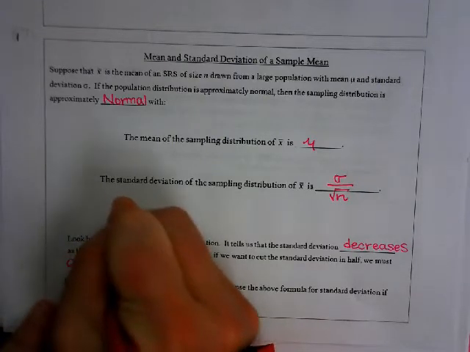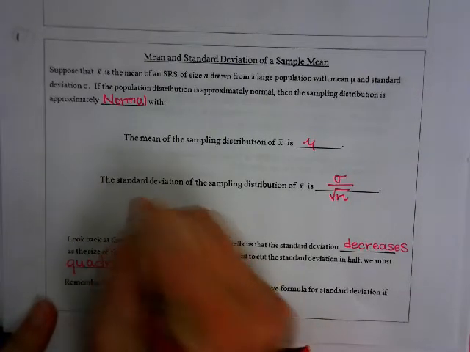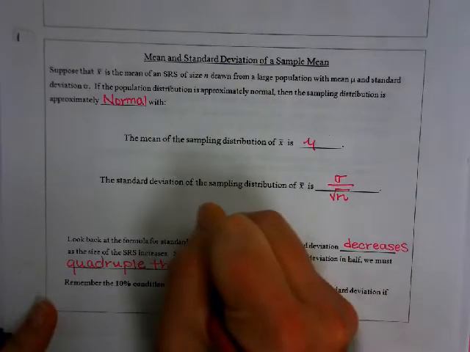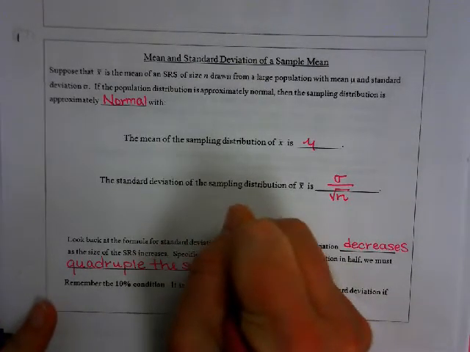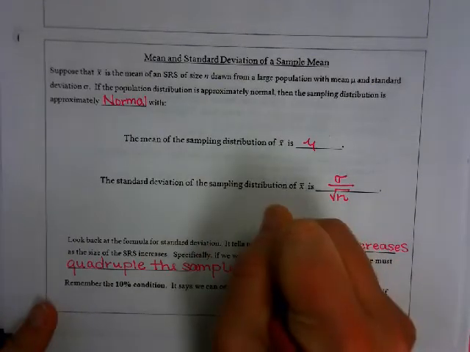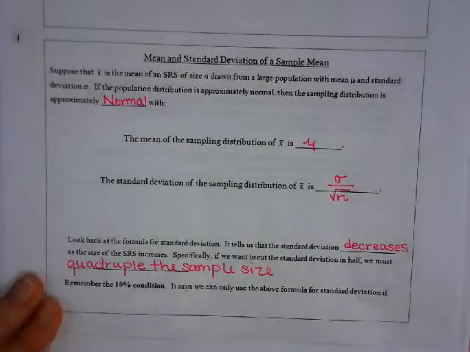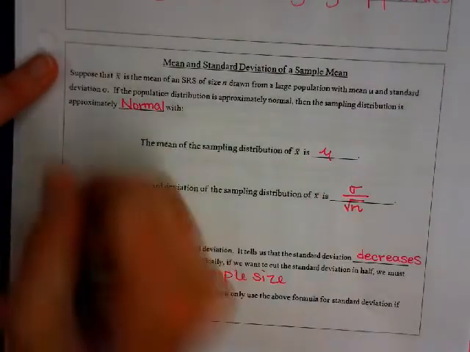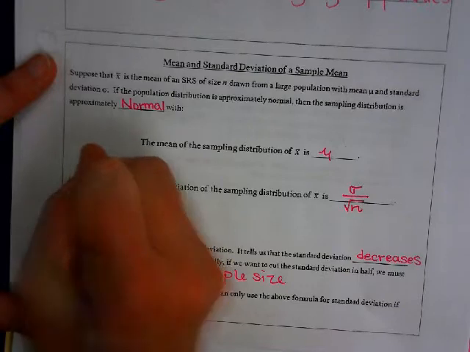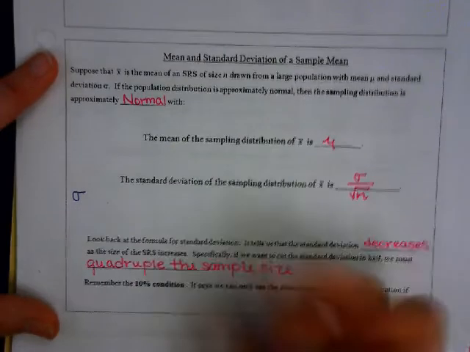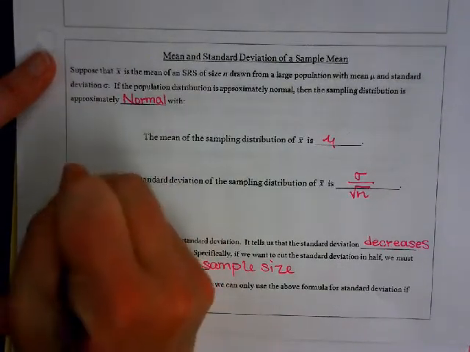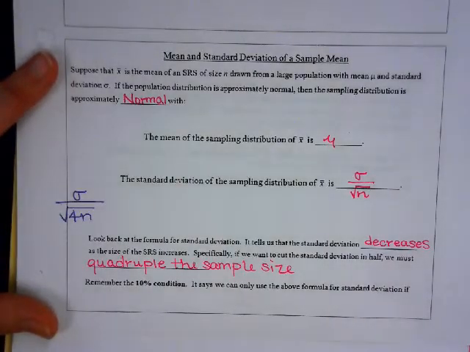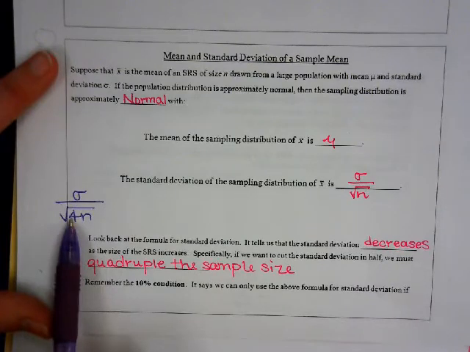If we're dividing by the square root of n, and I want to take sigma and cut it in half, the square root of 4 times the sample size, we know the square root of 4 is what? 2.